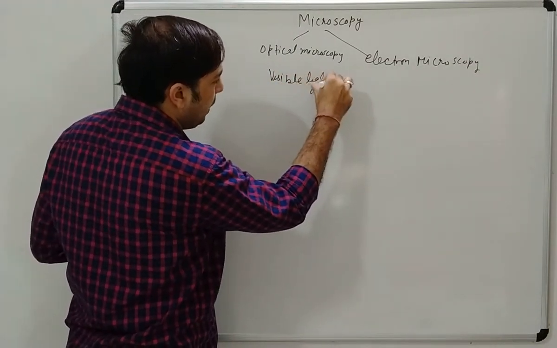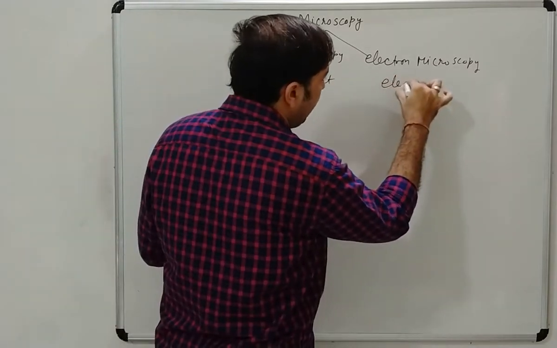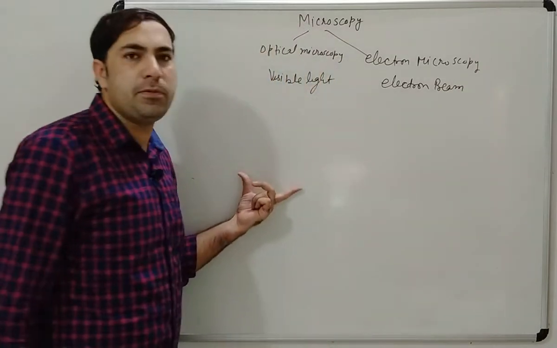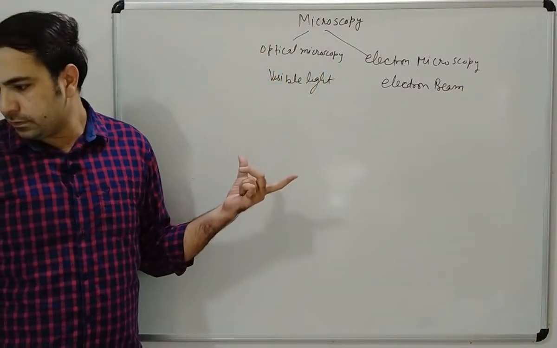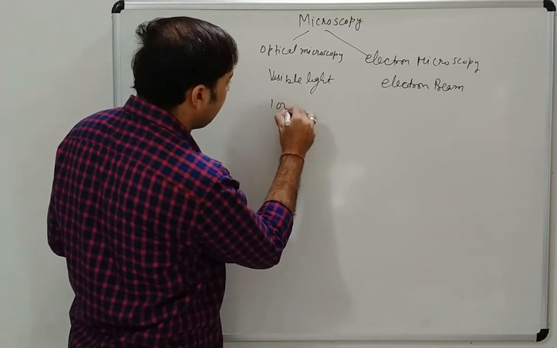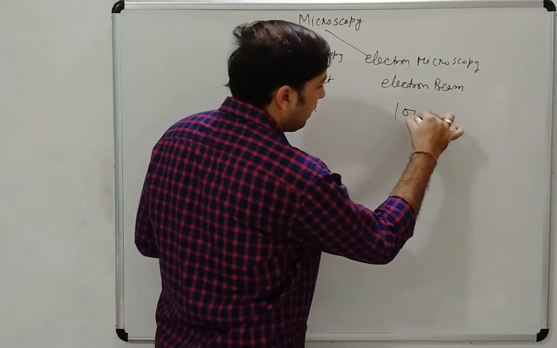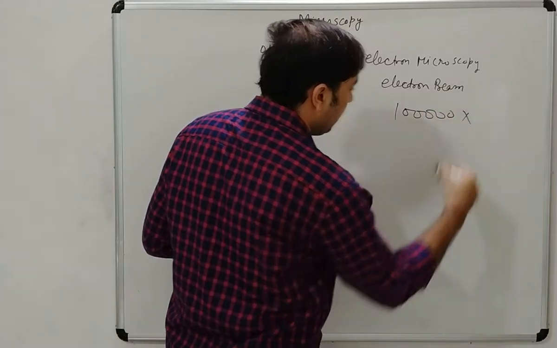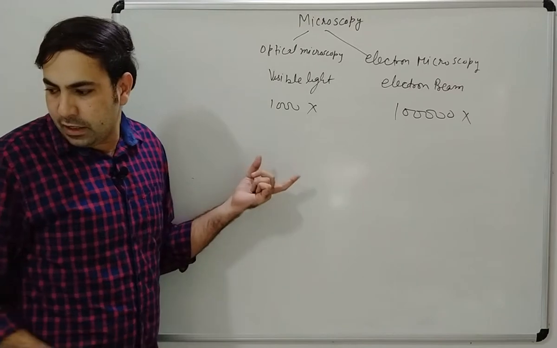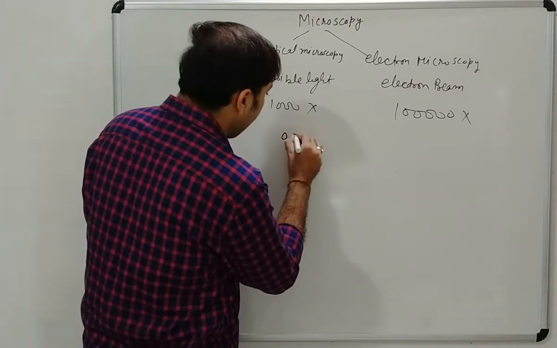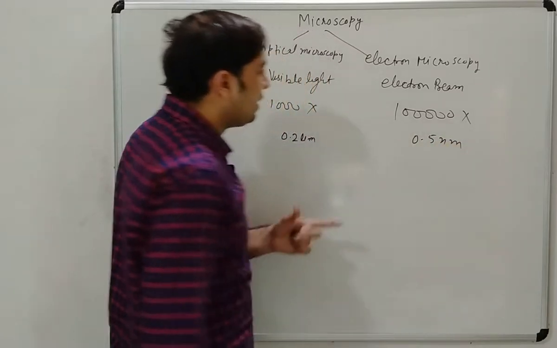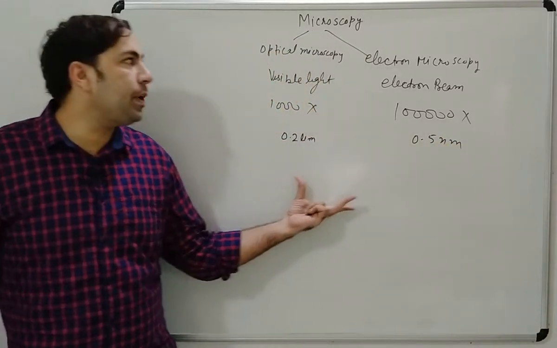Here in electron microscopy, we pass an electron beam. Here the limit of magnification is 1000x. Here it is 1 lakh. The resolution here is 0.2 micrometer. Here it is 0.5 nanometer. This is the system for optical microscopy and electron microscopy.